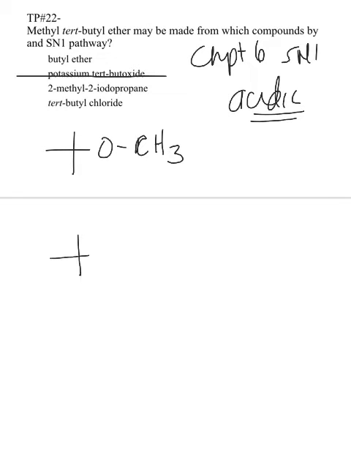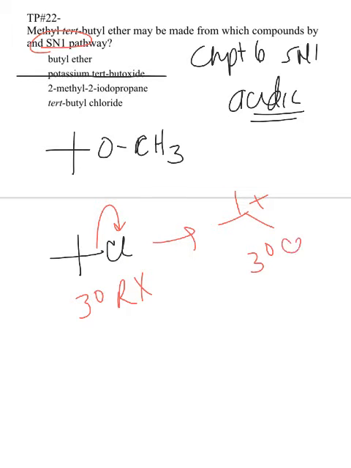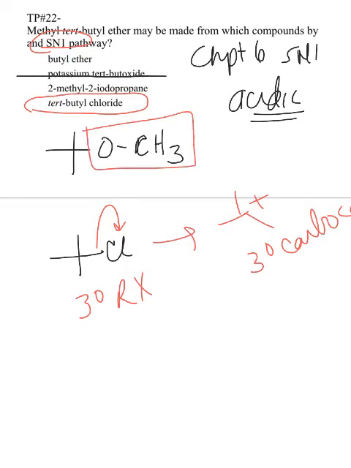Tert-butyl chloride, okay, that's good. What happens here? It's a tertiary alkyl halide. That's good for SN1, right? And then that's going to give you a tertiary carbocation. And then, how do you get this portion? Well, I guess that's not actually an option here.